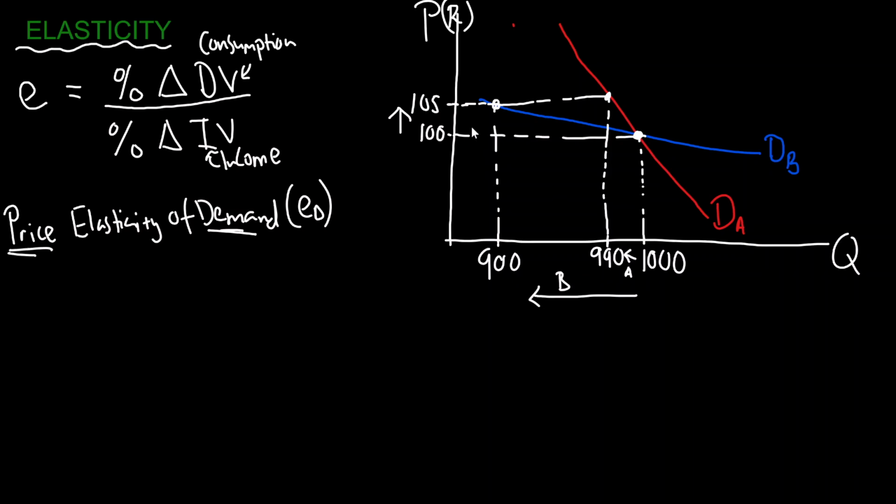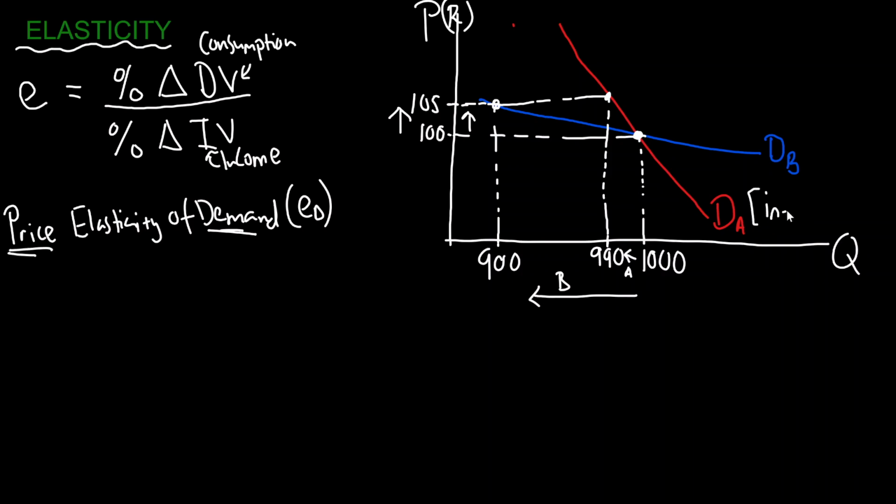What you can generally see from this graph is that for products that have a steep demand curve, a change in the price results in a very small change in the quantity demanded. It is not flexible, and hence we conclude that because the effect of a price change is very small on product A, we say it's inelastic, it's not sensitive.